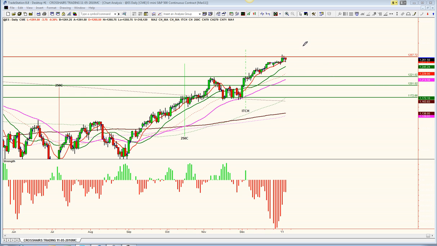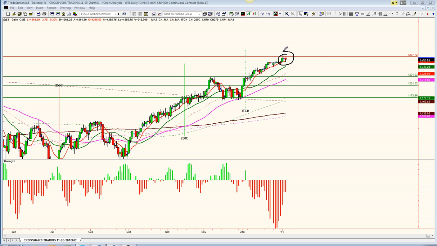So that's scenario number 2, just a reversal. We hold here, then we have a decision, so we consolidate a little bit. Or are we simply going to break out here, come back and test, and then continue higher?